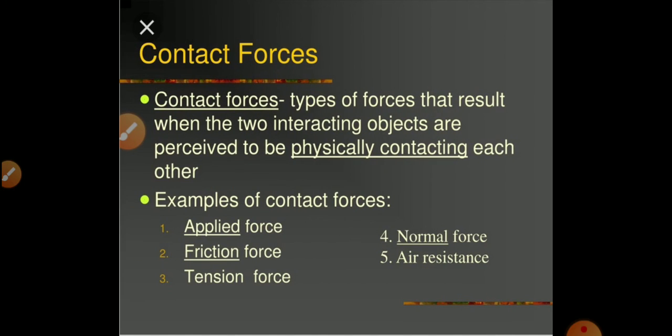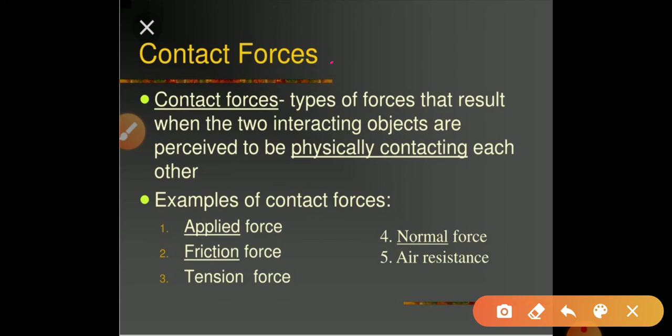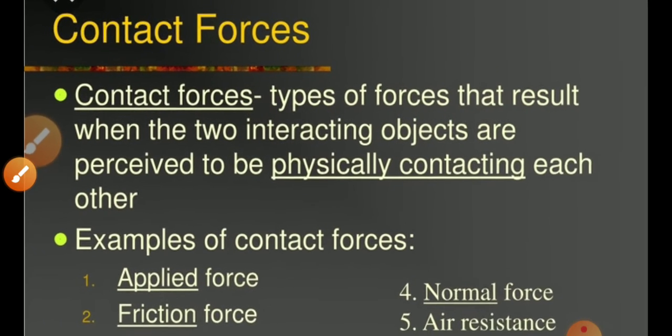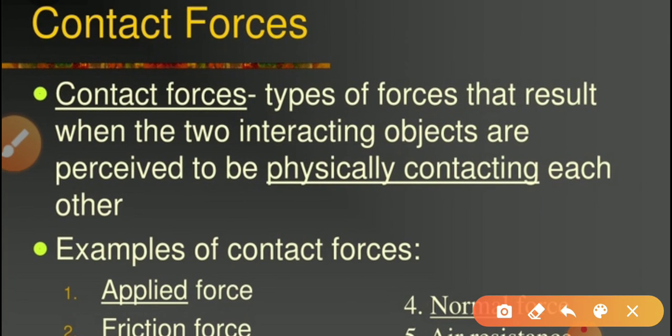So lastly, what do we mean by contact force? See here, contact force means a type of force that results when two interacting objects are perceived to be physically contacting each other. It means the interaction between the two objects.